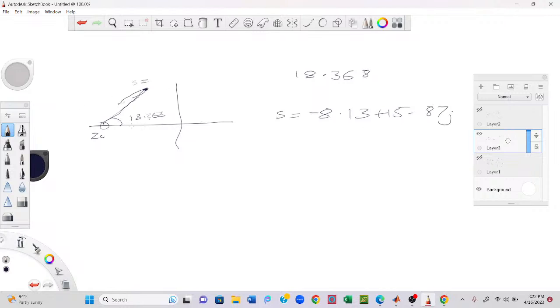So your real axis, this point here is your real axis. That will be your negative 8.16. And this point here will be 15.7. Now, you know your angle, your opposite length, and your base length, your height and your base.